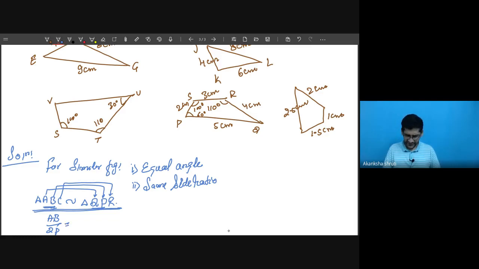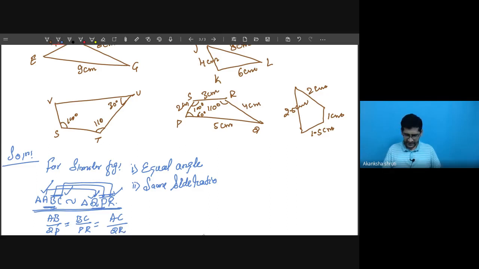If we are taking B and C, the last two, take the last two in the second triangle also. So it is BC by PR. If you are taking first and third, means A and C, take the first and third letters of the second triangle, which are Q and R.